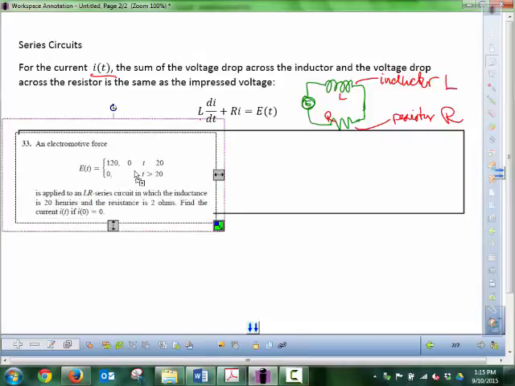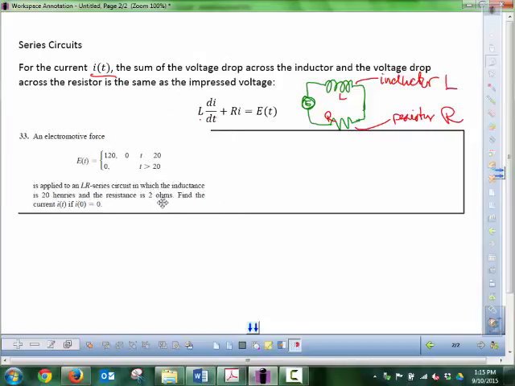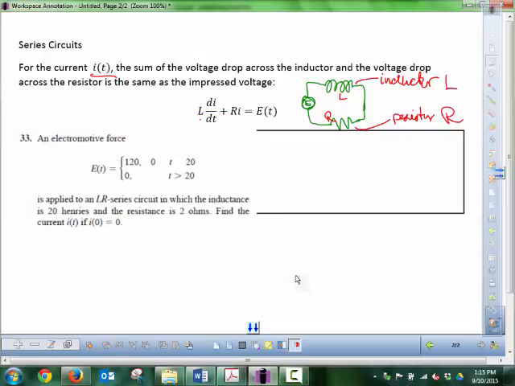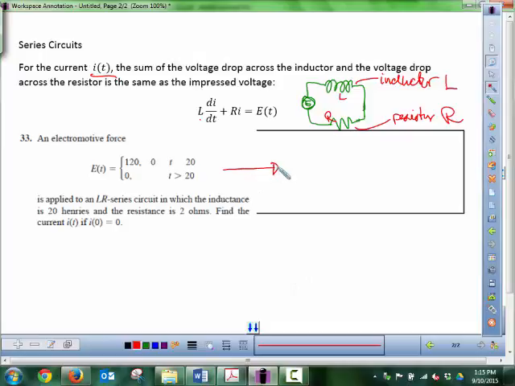This is a little tricky because we have a piecewise function, and if we deal with it in those pieces, I think it should all work out, which probably means we have to do a couple of differential equations for this. But I think these differential equations are fairly simple.